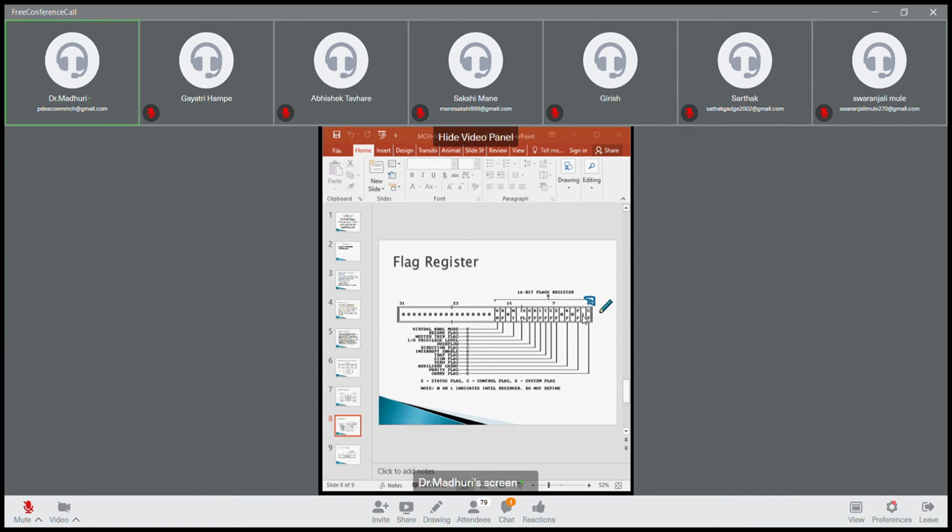Now the next bit, that is the first bit. By default, this first bit is undefined. See guys, whenever I say undefined, like I have written 1 for the first position, it indicates reserved.